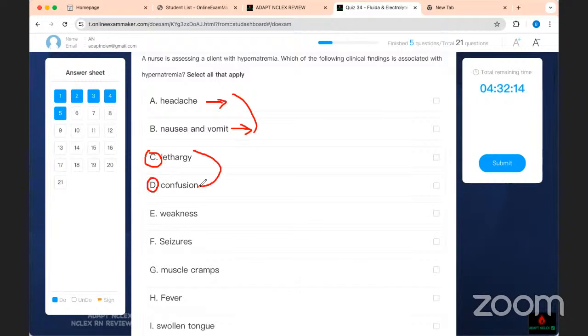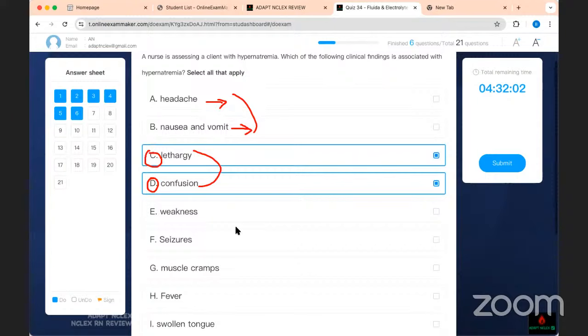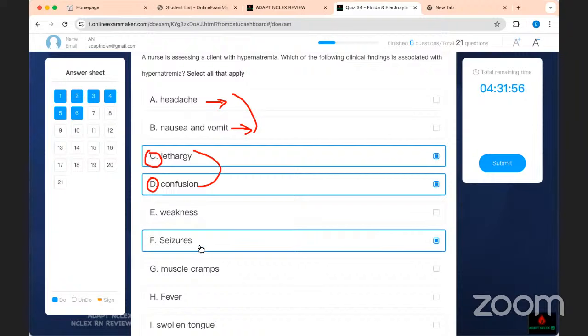But at the same time, you can get them in hypernatremia. So confusion is one of the answers you can see in this condition. And then one of them is seizures. These are the three things that cross over between hyponatremia and hypernatremia.